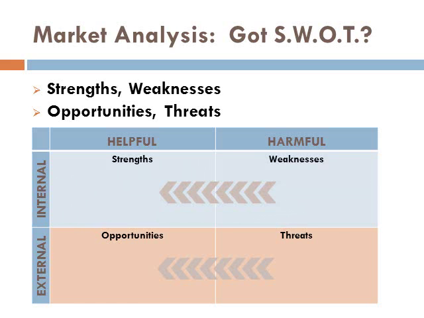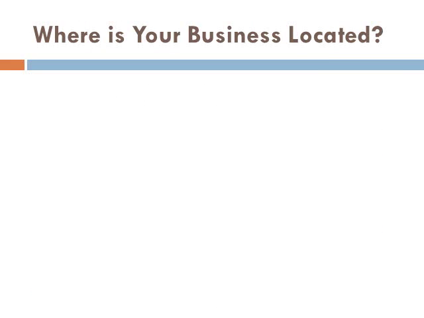Weaknesses might be that you don't have the particular skills to do a certain area and you need to hire more, those types of things. So I'm sure that you can come up with 5 in each of these.